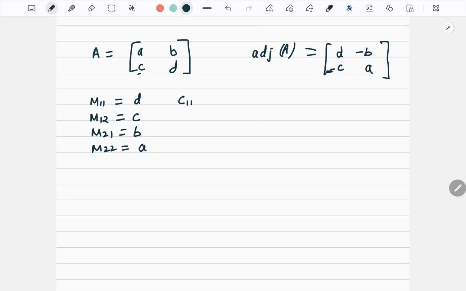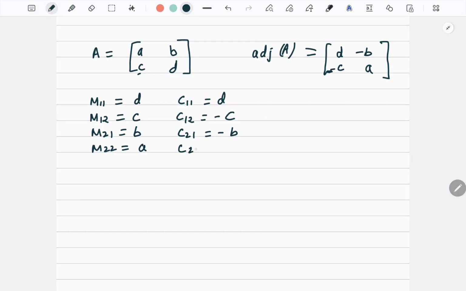So what is C11? C11 is equal to D only, because 1 plus 1 is 2. C12 is equal to minus C, because 1 plus 2 is 3. Then C21 is equal to minus B, because 2 plus 1 is an odd number.